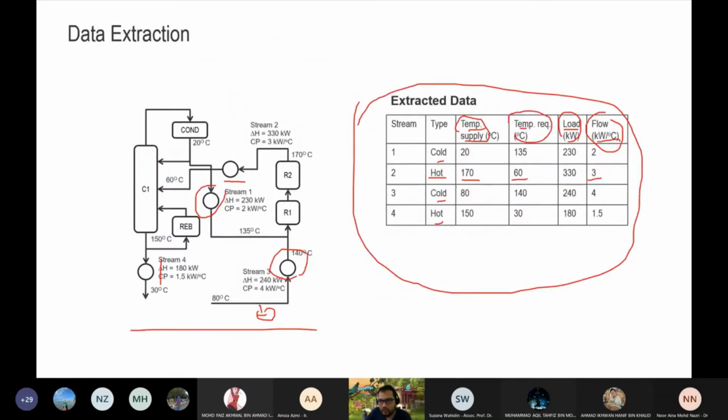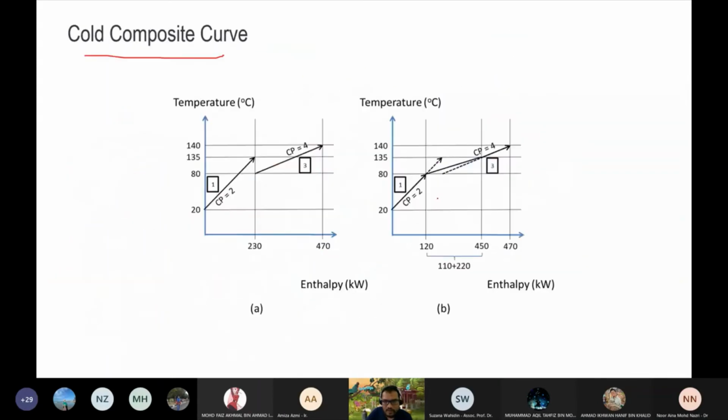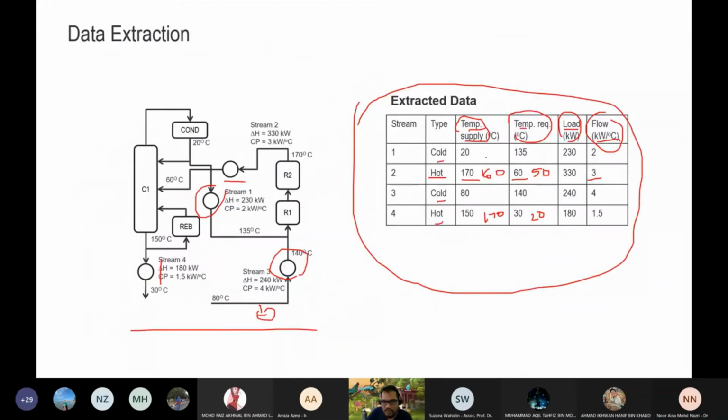So the hot curve, we drop it by half here. This is going to be 160, this is going to be like a 50. The same goes with here, it's a 140, and this is then 20 degrees C. The same goes with the cold composite curve, we increase it by half. So we change this table into 30, then this 145, this 90, and this 150.